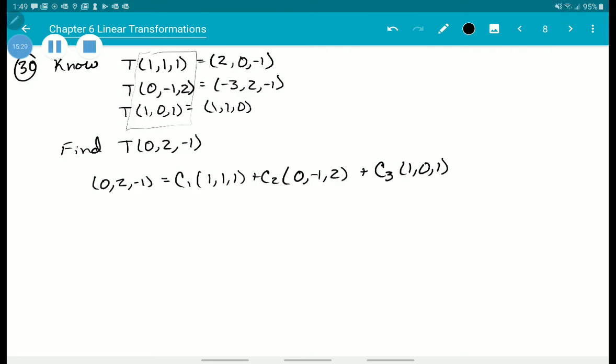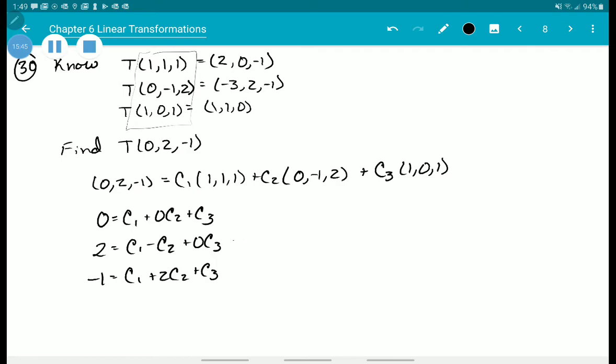But I think the linear combination is probably going to be the easiest way to tackle this one. So there's our setup. Let's do RREF. Type it in the calculator.